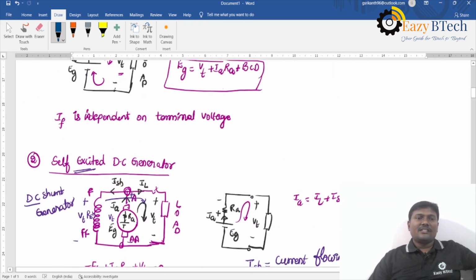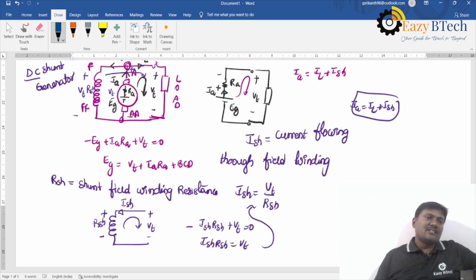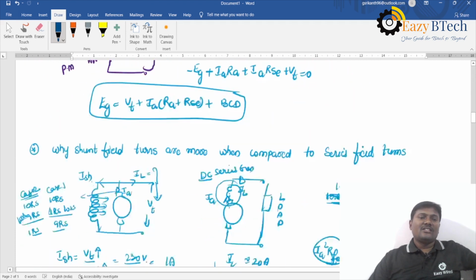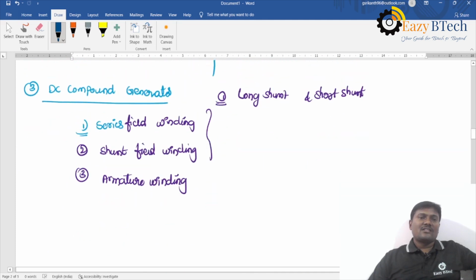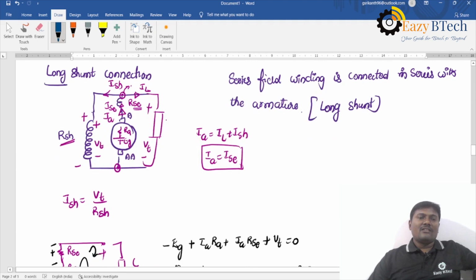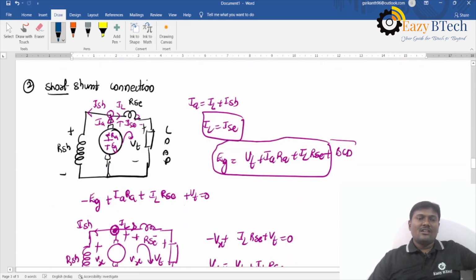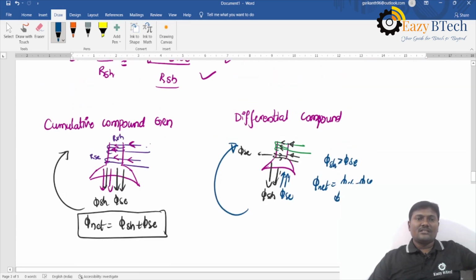In a self-excited DC generator, we have the DC shunt generator, next the DC series generator, and then the DC compound generator. In this compound generator, we have long shunt and short shunt connections. After that, the long shunt and short shunt cumulative compound generator and differential compound generators.